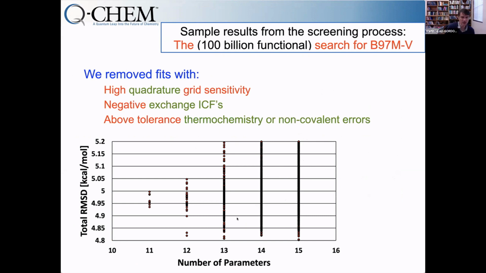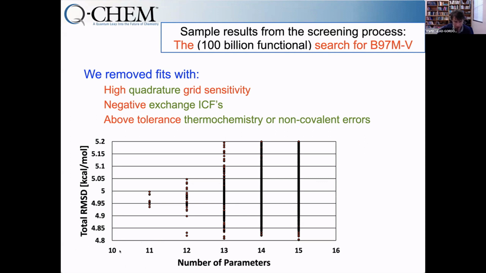To just give you a sense of what comes out of the combinatorial search, how unique is the functional that we pick? This is an important thing to say. It's highly non-unique. This is a plot of RMS predictive power, that is RMS error in prediction, against number of parameters that are included.